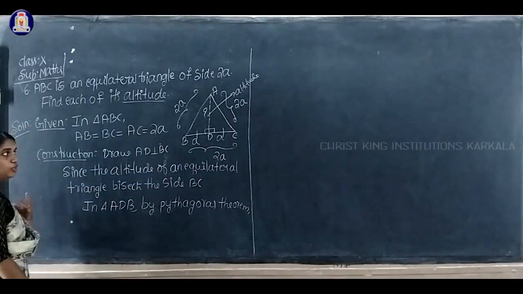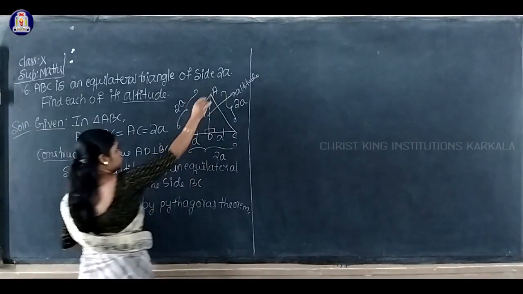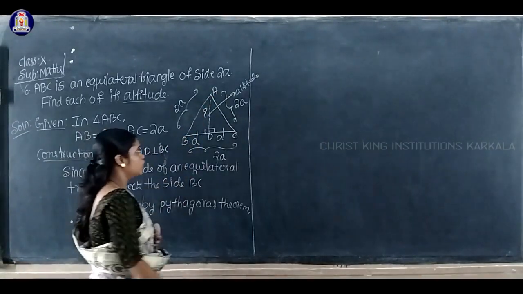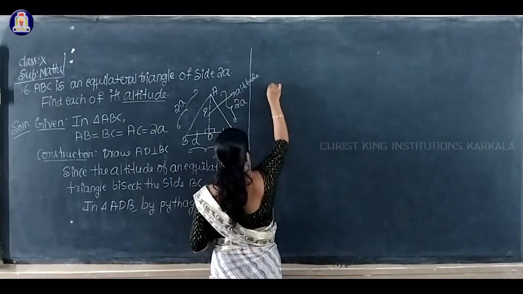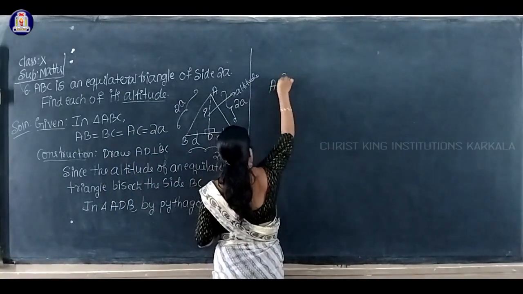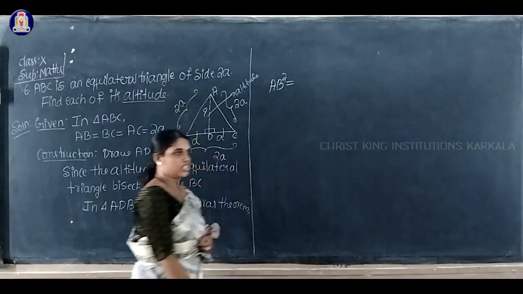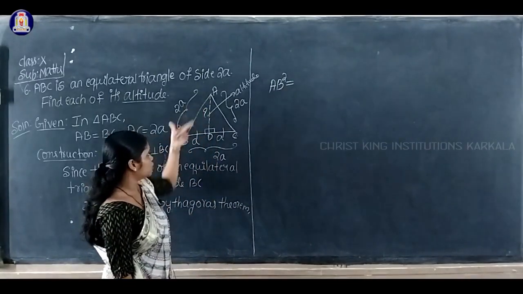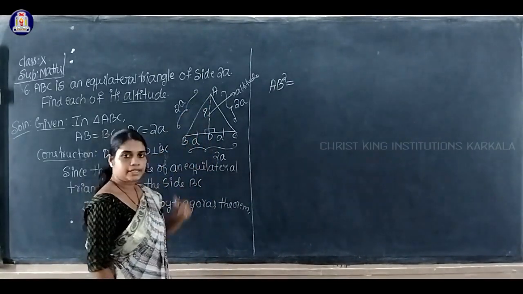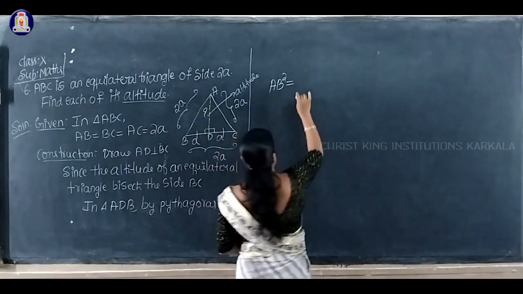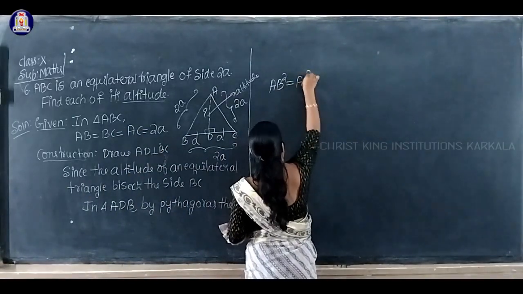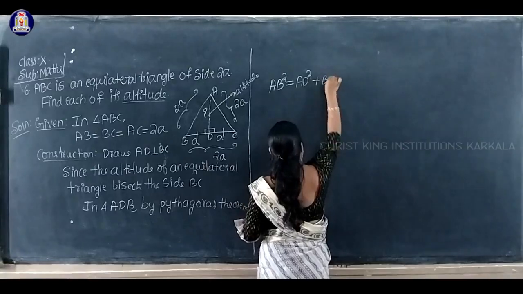According to the Pythagoras theorem, the square on the hypotenuse. What is the hypotenuse side here? Your hypotenuse side is AB. AB square equals the sum of the squares on the other two sides. Which are the other two sides? AD and BD, isn't it? So can I take AD square plus BD square? Yes.